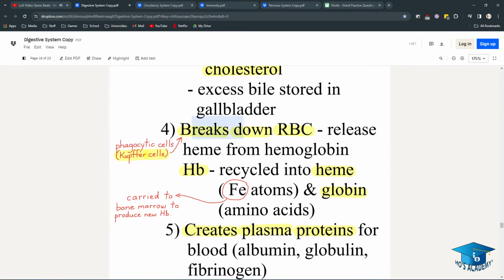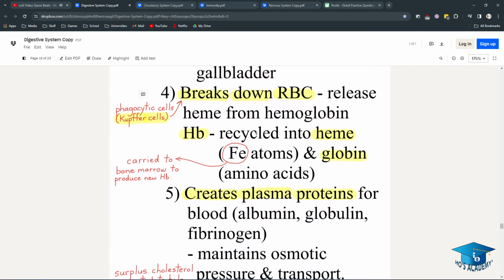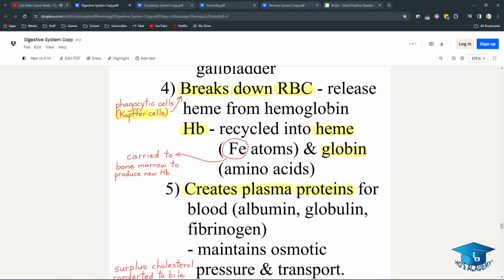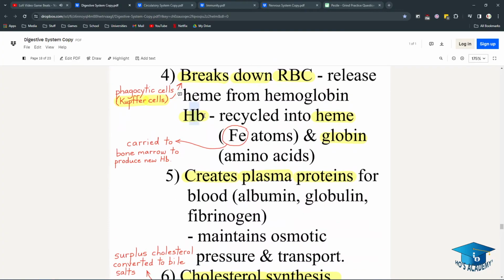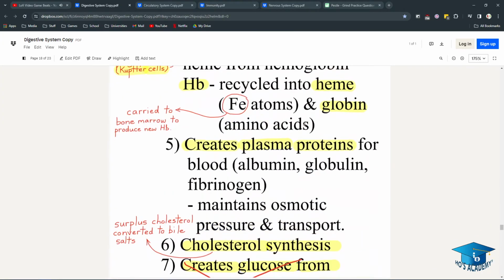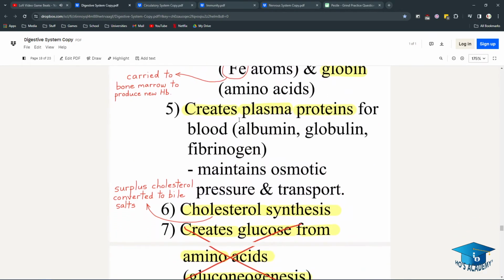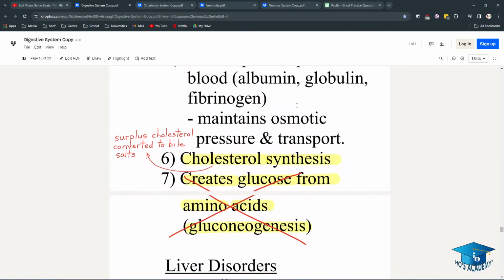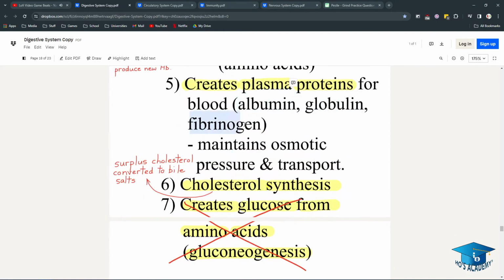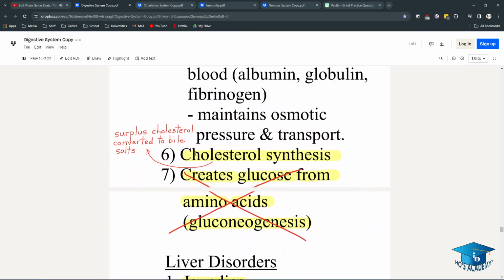It breaks down useless red blood cells, through phagocytotic cells known as Kupffer cells. They release heme from hemoglobin to recycle the iron atoms and the globin, these second-degree proteins. It also creates plasma proteins for your blood, which are albumin, globulin, and fibrinogen.